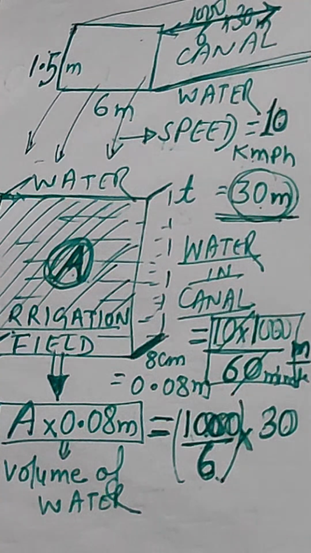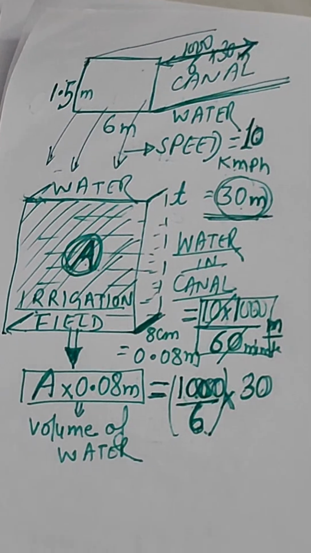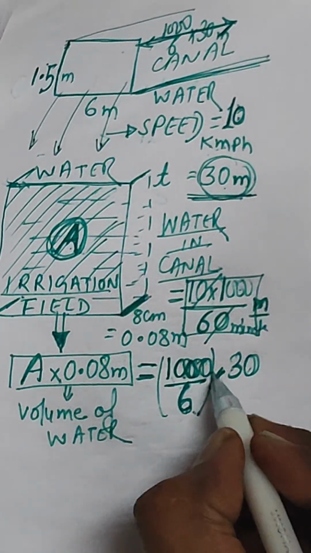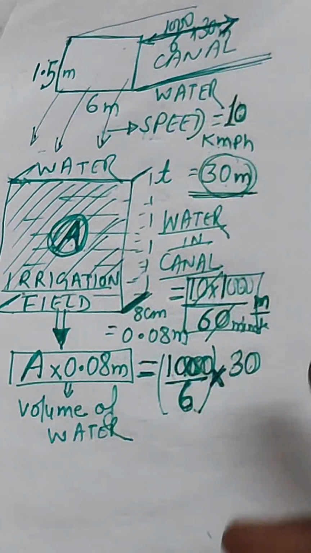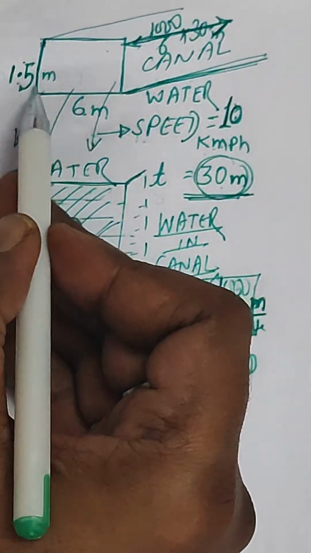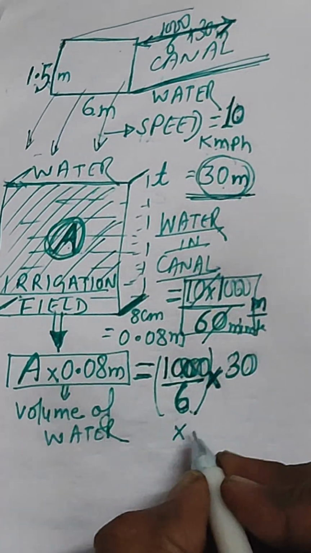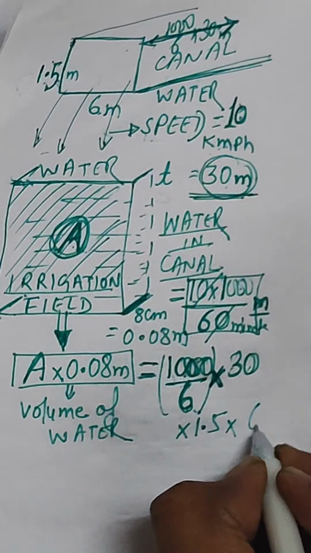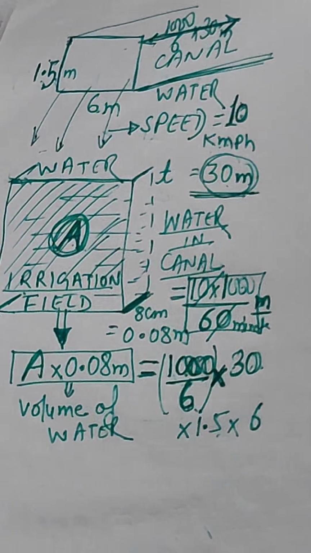Now this will give you only the length, but it will be converted into a volume only when the cross section of the canal is multiplied, 1.5 and 6. So this will be multiplied with 1.5 multiplied with 6, and this will give you cubic meter.